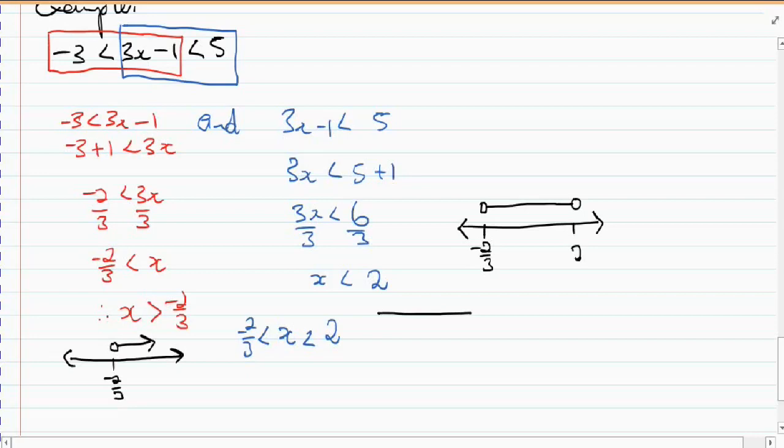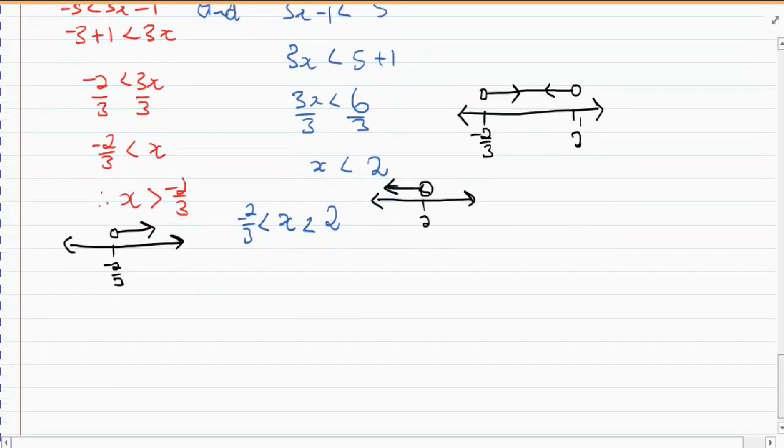The other one, since x is less than 2, has an open circle and goes in the other direction. These two inequalities put together go to the right and to the left at the same time, so it means x is between the two numbers, any value between -2 over 3 and 2. This is how we solve the compound inequality.